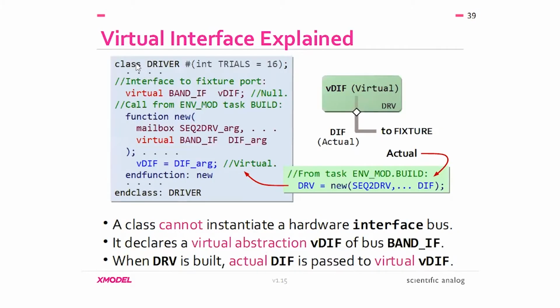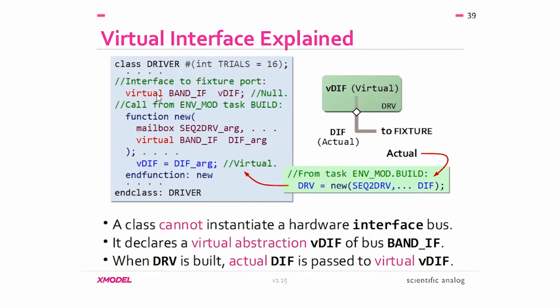Slide 39 shows part of our driver class code. This is only the portion where we set up the virtual interface variable or property of the class. Let's call it vdiff. Here we declare it, and it almost looks like we're instantiating a copy of our interface bus and calling it vdiff.